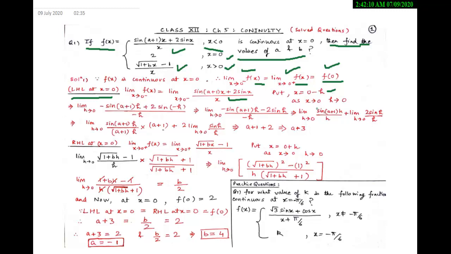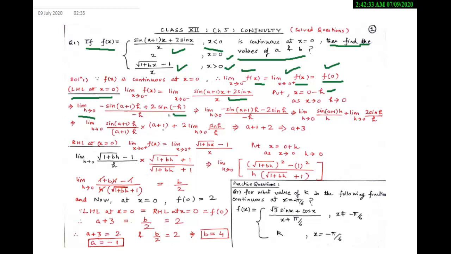As x tends to 0, h also approaches 0. So, from here we get limit h tends to 0 sin((a+1) and in place of x, we will write minus h. So, here we get minus sin((a+1)h) plus 2 sin(minus h) upon minus h.